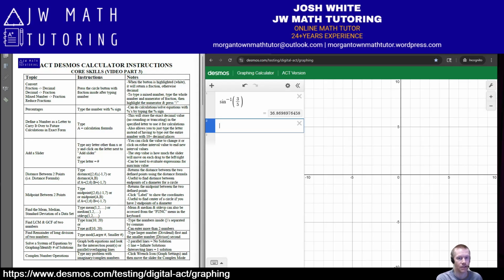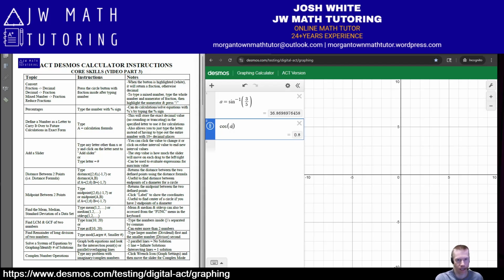Now, let's say for whatever reason, I wanted to find the cosine of the angle. So I do cosine. Normally, you would think, okay, well, I'm going to type out 36.869 8976458, all those decimals. But first of all, that takes way too much time. Second of all, it's not going to be exact. So what you want to do instead is define this as some value. You can use a capital letter, you can use a lowercase letter, doesn't matter. So I'm going to define this as a, and then in the next line, when I want to do the cosine of that, I just type cosine a.